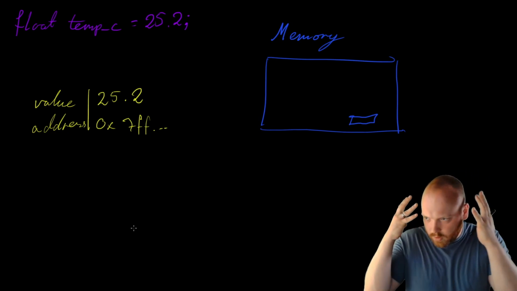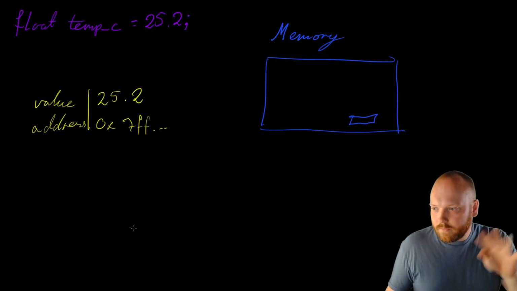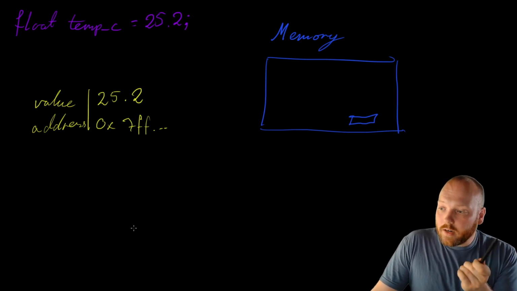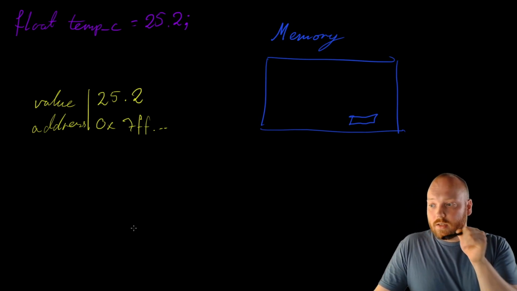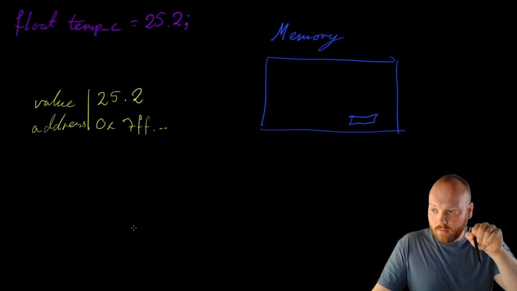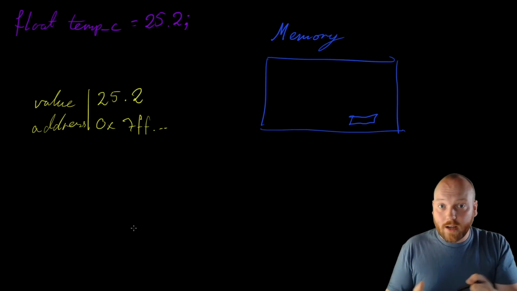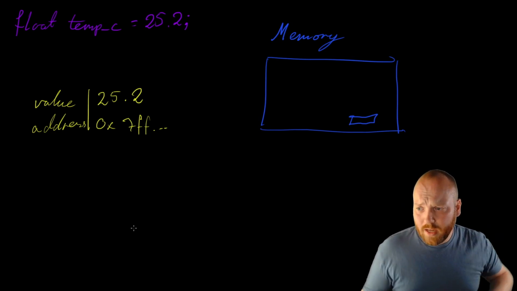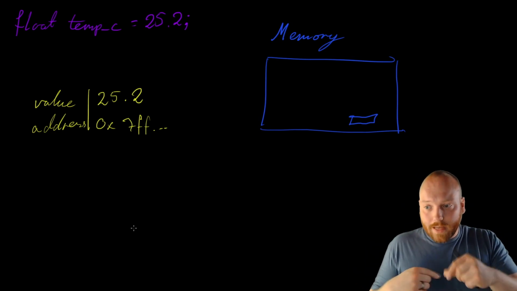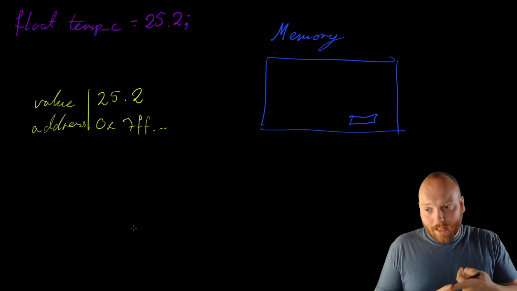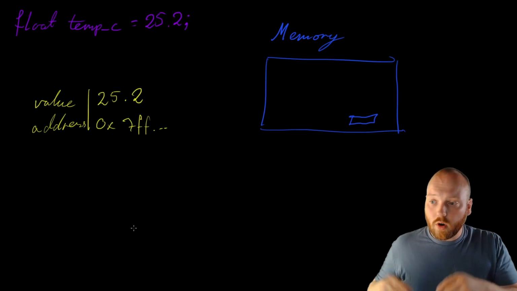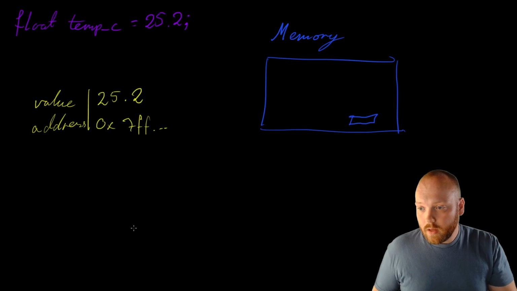So just as an example, these are not the actual numbers, but any variable that you store in memory needs to have an address so that your program can keep track of where that is stored in memory. So in other words, when we declare a variable like tempc, we say allocate some space in memory that is big enough to store a floating point number.